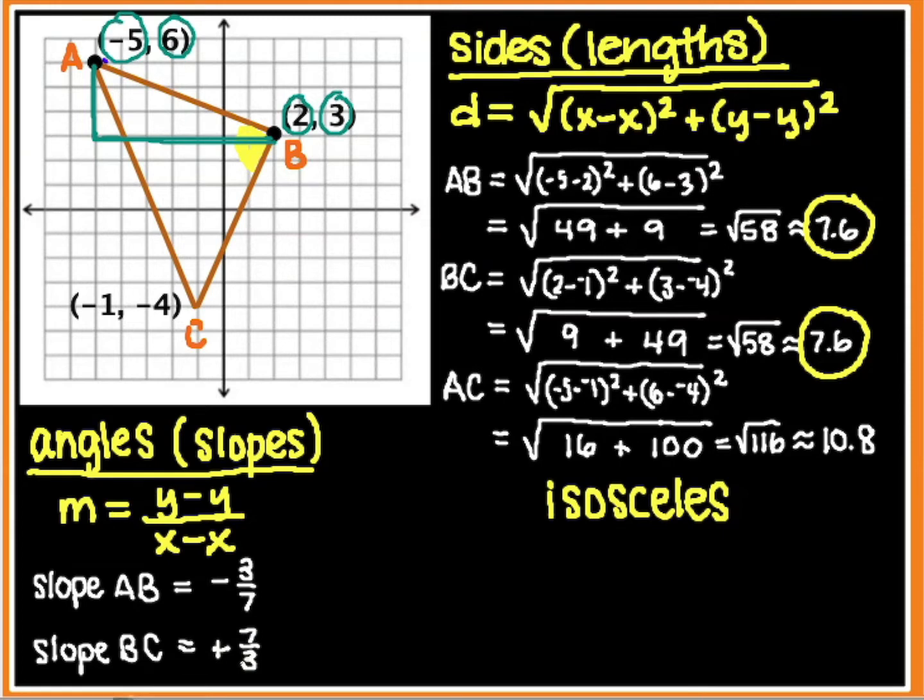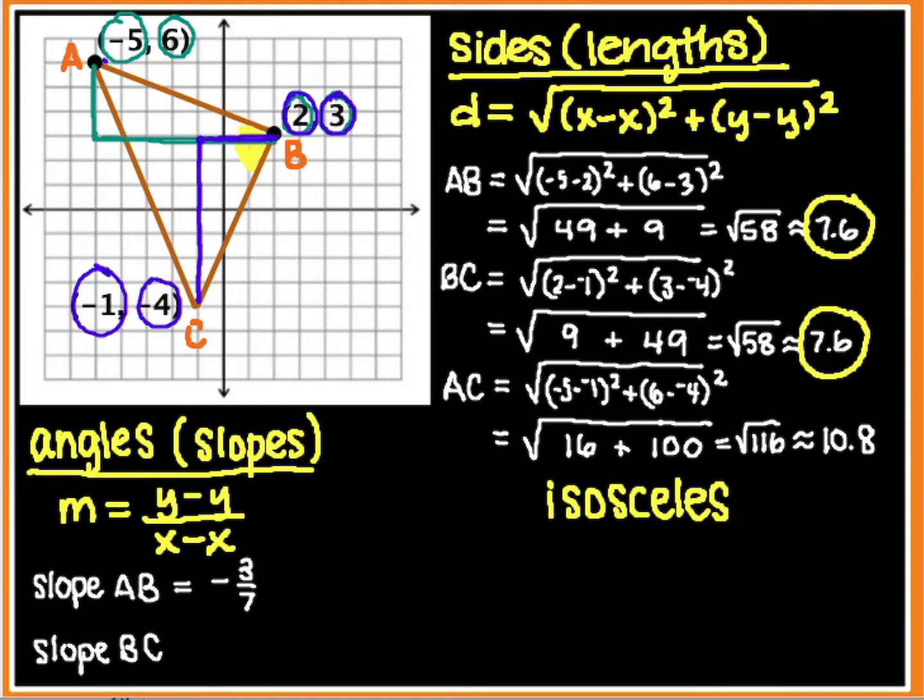In order for those to be perpendicular, let's find out. Again, if I were using the formula, I would go y minus y over x minus x, or another way I could do this is taking a rise over run. So let's see, up 1, 2, 3, 4, 5, 6, 7 over 1, 2, 3.